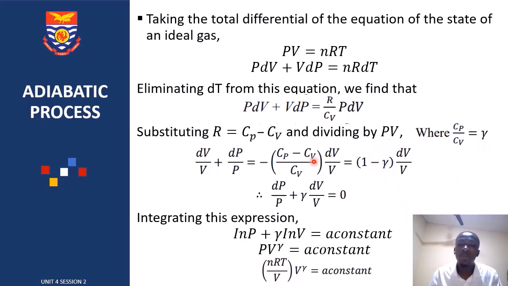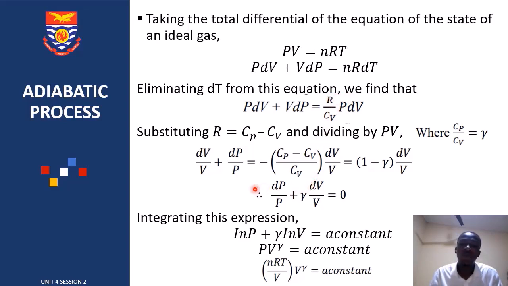After dividing through by PV, the P here will cancel the P here and we'll be left with dV over V. The V here will cancel this V and leave dP over P. And the last one, the P here will cancel the P here and it will be left with a V. And already we know that R here is equal to Cp minus Cv, which we will replace here.